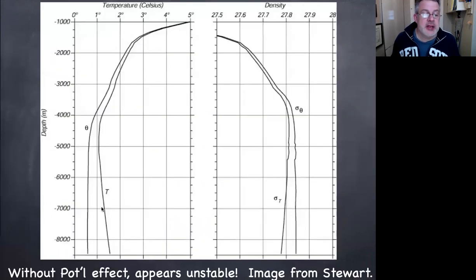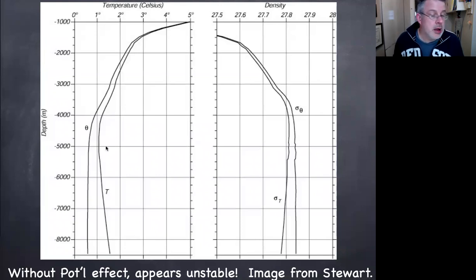Okay, so here's an example where potential temperature and temperature are importantly different. If we go up and down from the shallow ocean, or well, not that shallow, 1,000-meter depth, down to 8,000-meter depth in a deep part of the ocean, the potential temperature is stratified with warm stuff up here, cold stuff down the bottom, and doesn't appear to have any unstable regions.